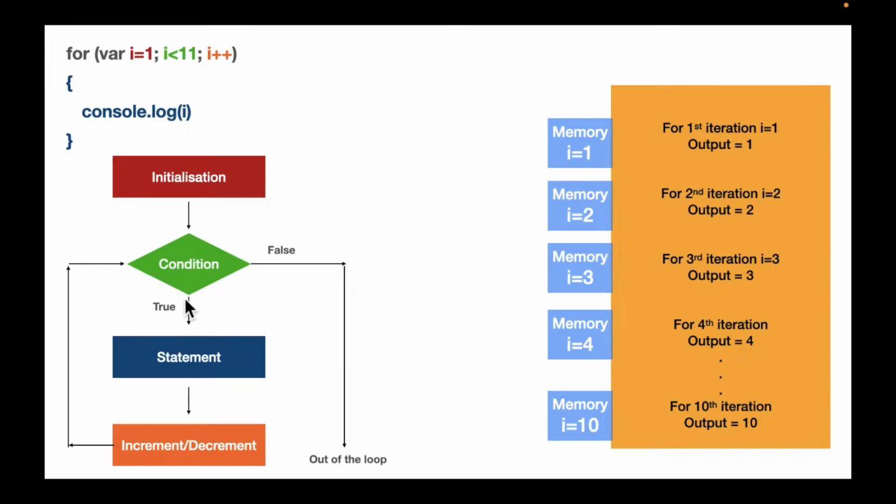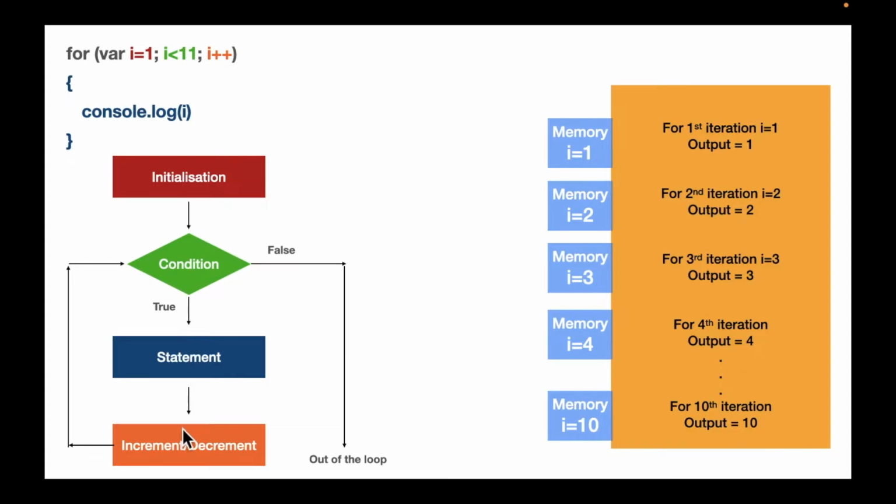Now it will again execute the statement, right? See the flow chart. It will again execute the statement. And what is the statement? Console.log I. That means 2 will be printed. Now again the same thing follows. Increment, condition check, and if it is true, then statement.